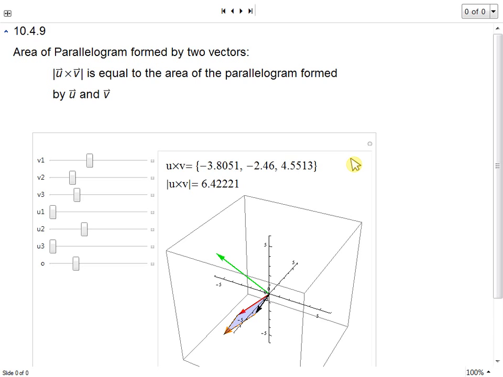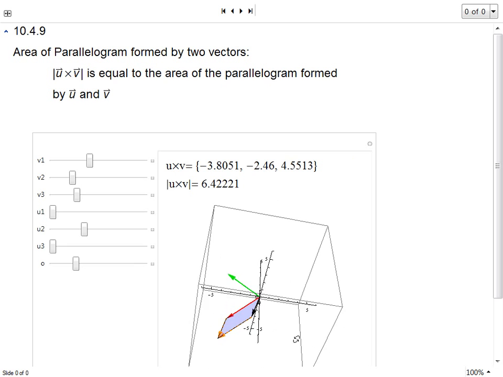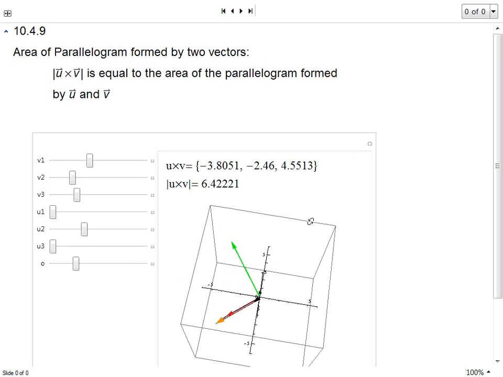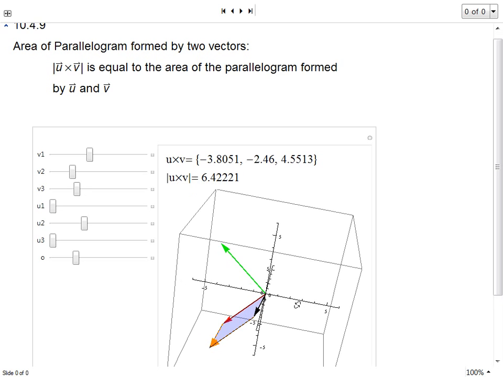And each of those areas is actually going to turn out to be the area of a little parallelogram. Right there. Do y'all see that? And to do that, we're going to need to know what the magnitude of the cross product is.